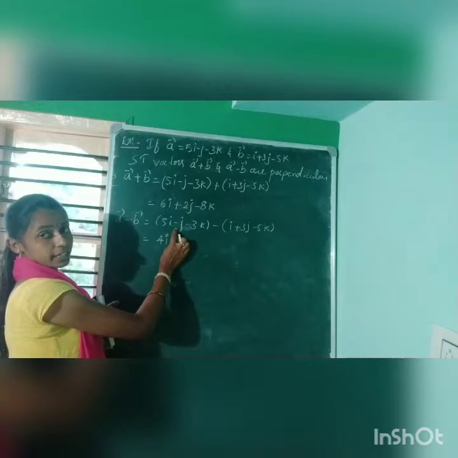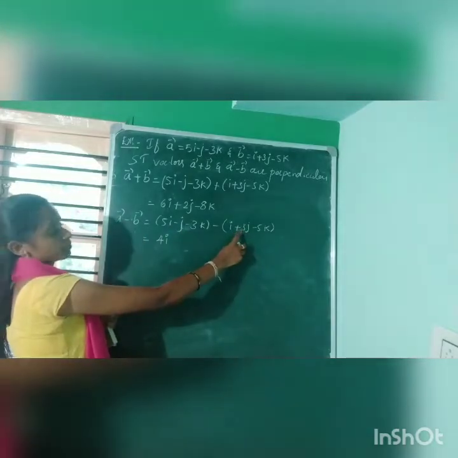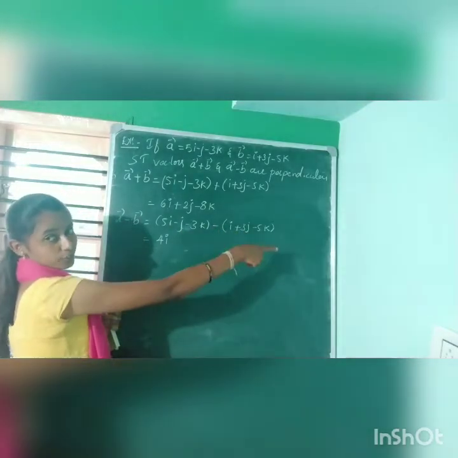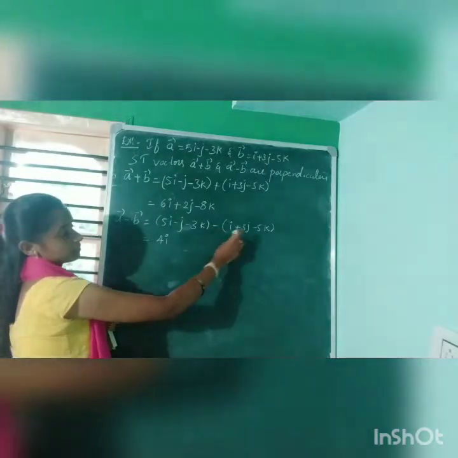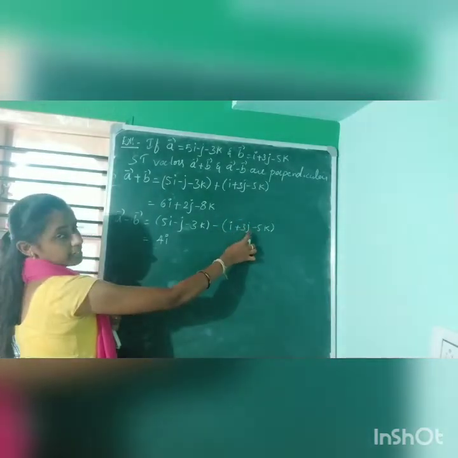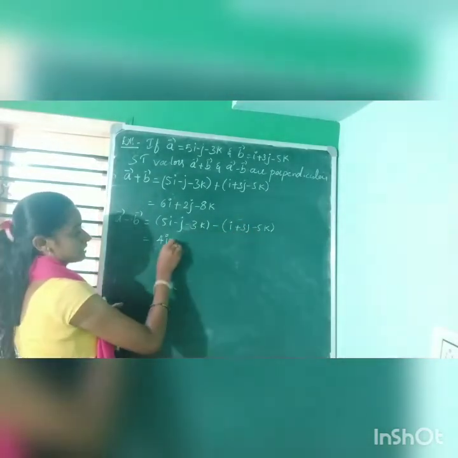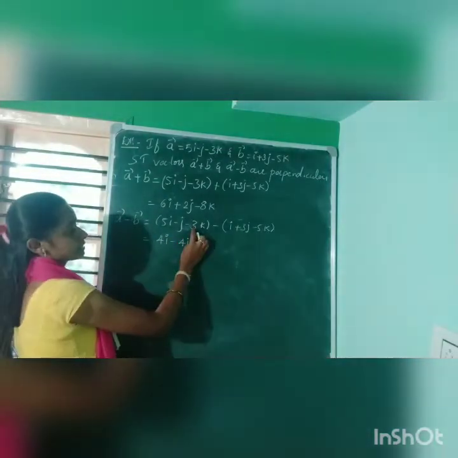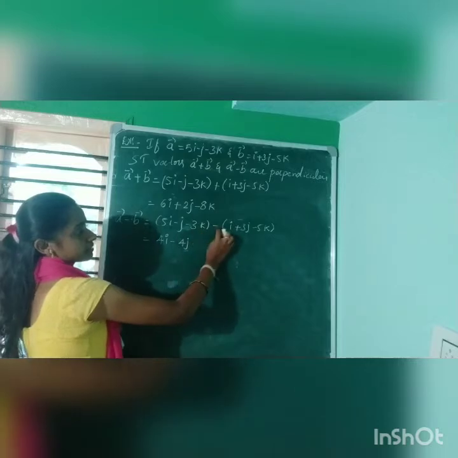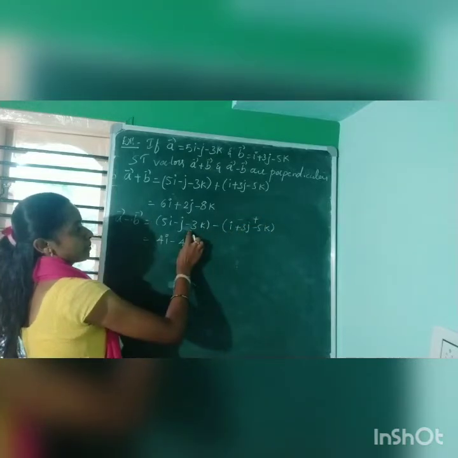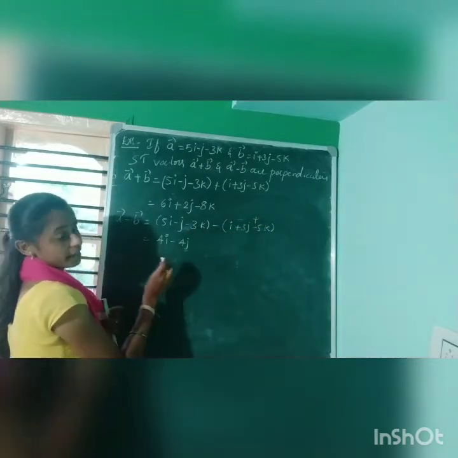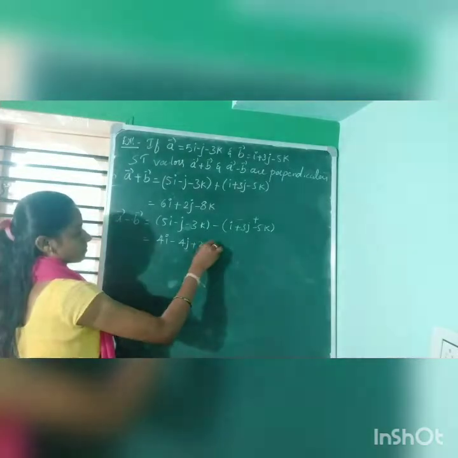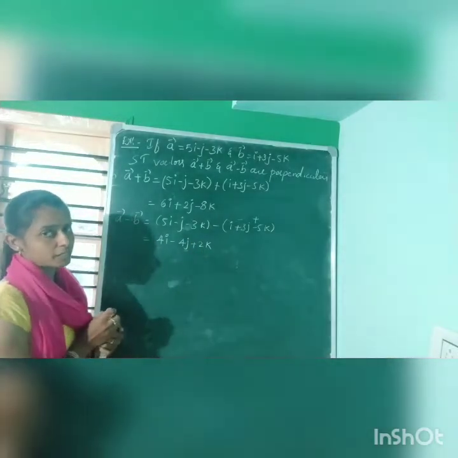Next, minus j, and this will be a minus. Why? Because here minus is there. You need to multiply plus into minus, which is minus. This is minus 3j. Minus j minus 3j is minus 4j. Okay? Next, this is minus 3k, and this is minus into minus, plus. Minus 3k plus 5k is plus 2k. This is A minus B.